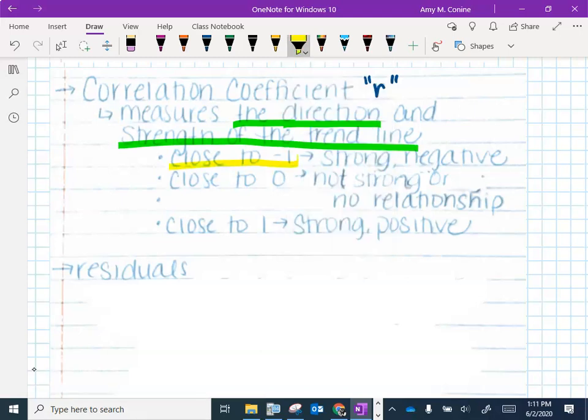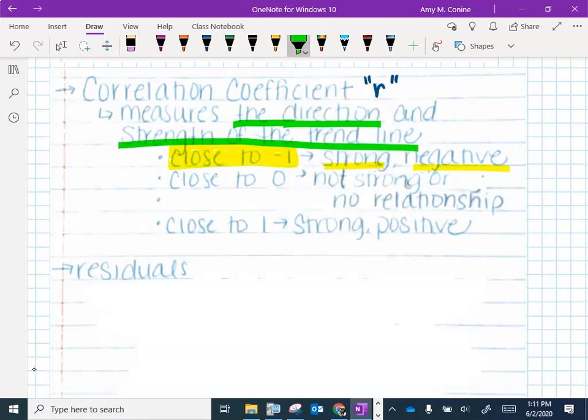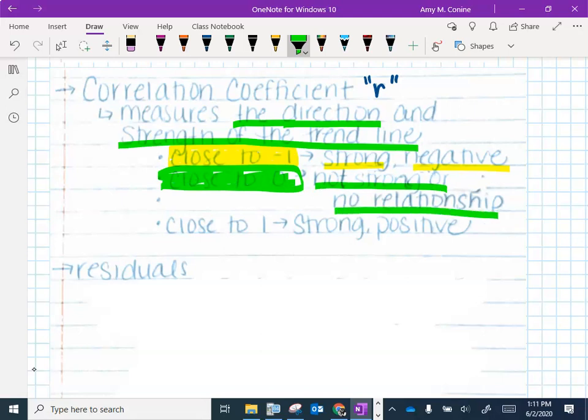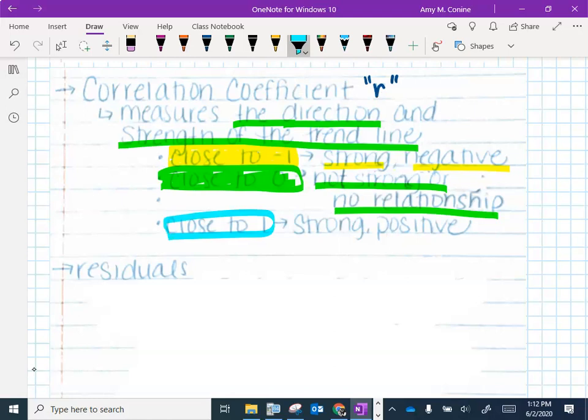If it's close to -1, then you've got a strong negative correlation. If it's close to 0, not strong or no relationship. And if it's close to 1, then you have a strong positive correlation. This is something we're going to do in the calculator together.